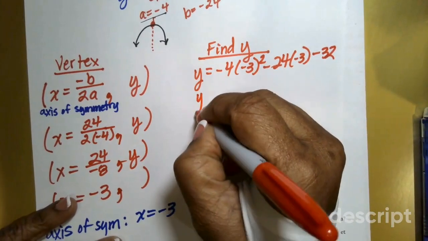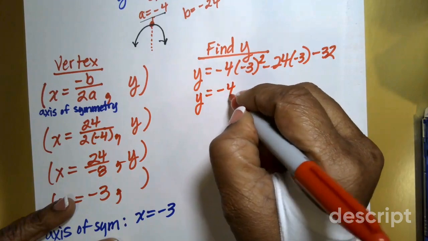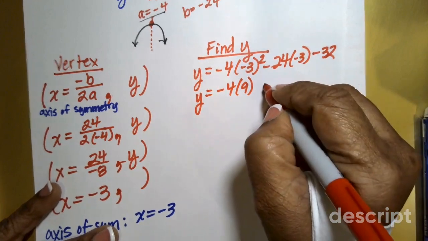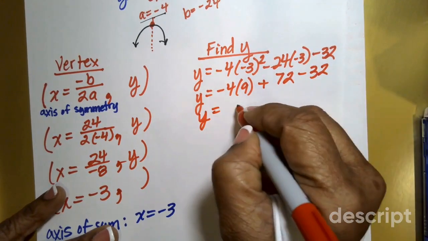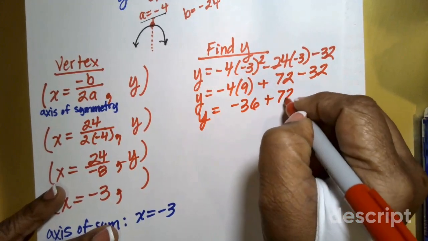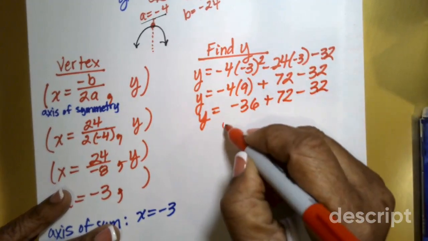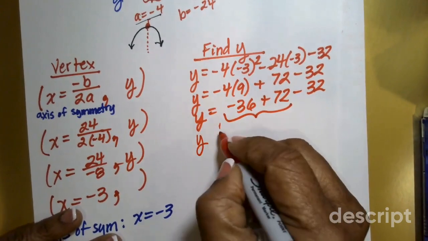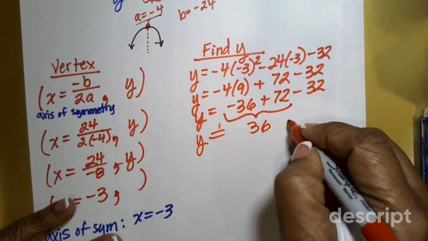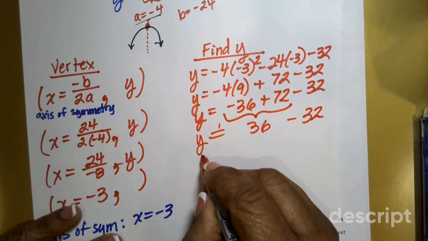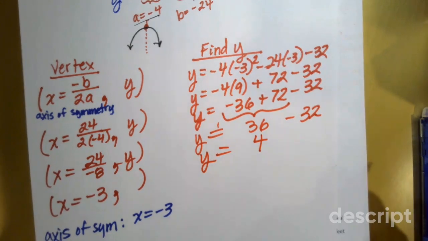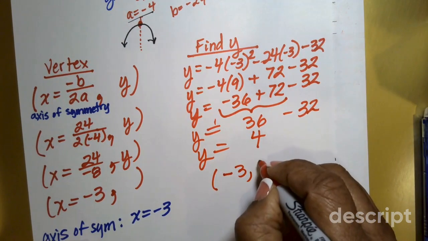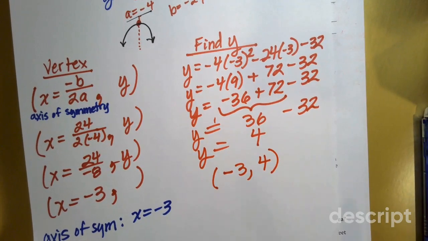Okay, so we're going to have -4 times 9. -24 times -3 is positive 72. -36 plus 72 minus 32. 72 minus 36 is 36. Subtract 32 from it and we get 4. So the x value is -3 and the y value of the vertex is positive 4.